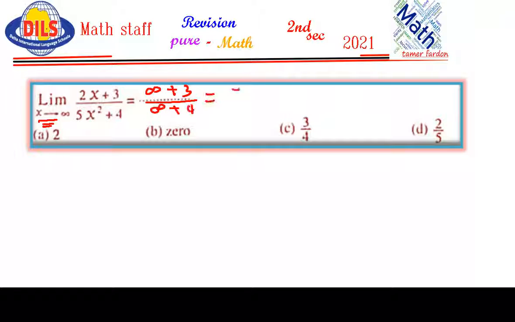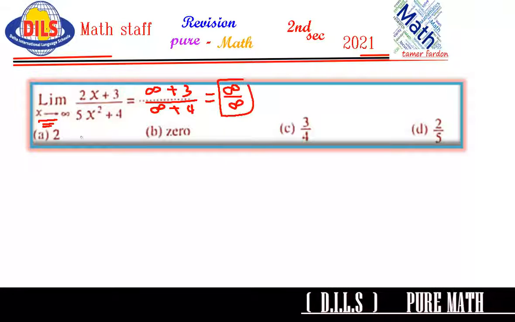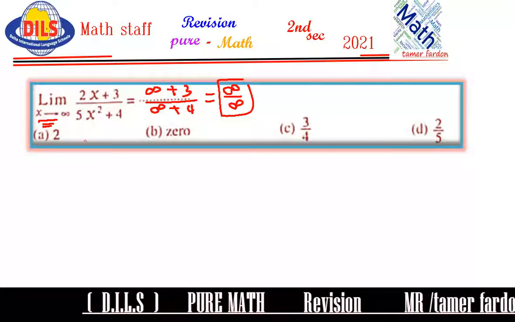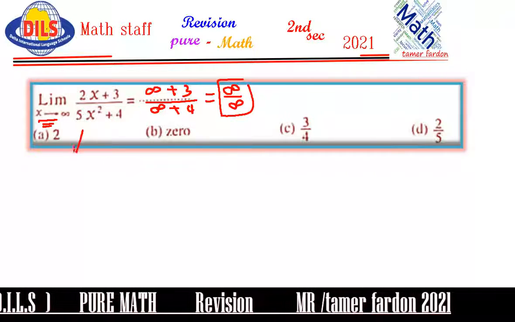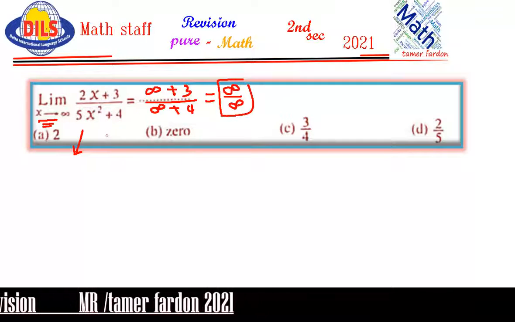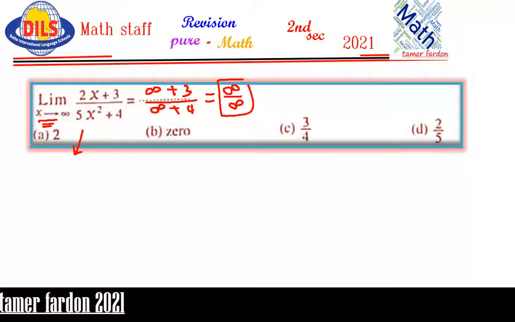This equals infinity over infinity. So to find its limit, we must divide both the numerator and the denominator by x raised to the highest power, which equals x power 2.